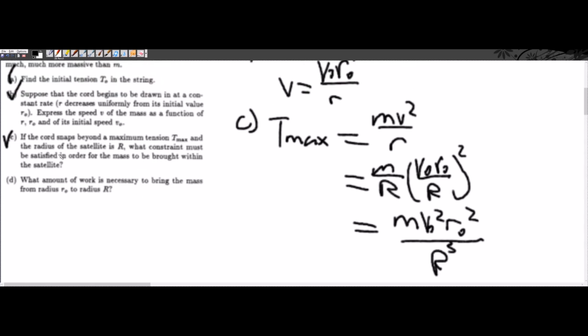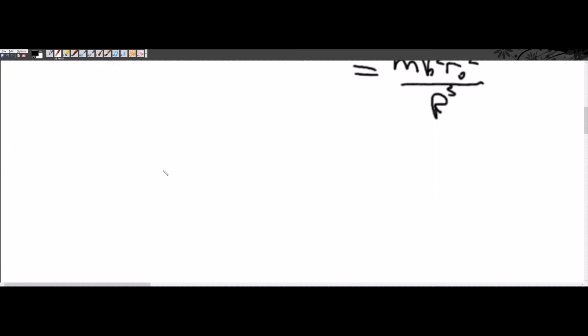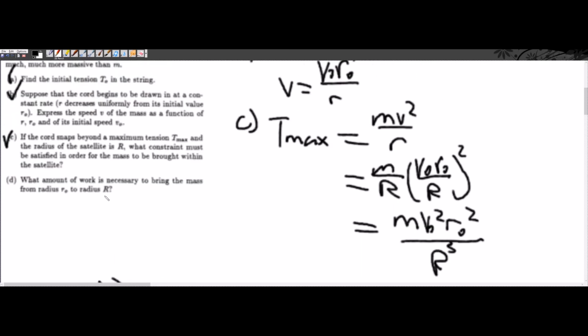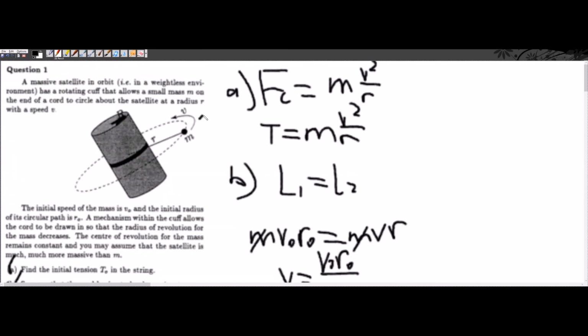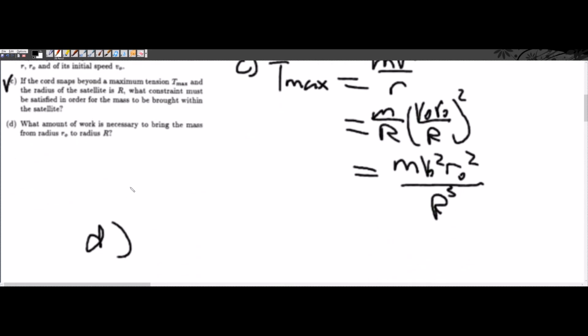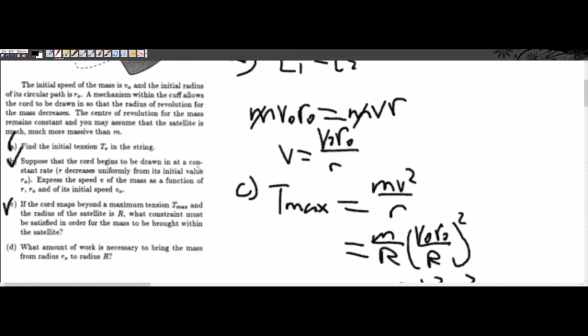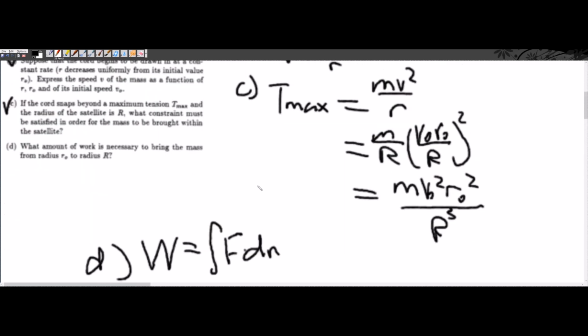So C is done. Next, what amount of work is necessary to bring the satellite from radius r0 to radius r? So I'm going to bring it from a random point out here back to the surface of the cylinder. Work is just the integral of force with respect to the radius, the distance it travels. For this one, the force is just tension.